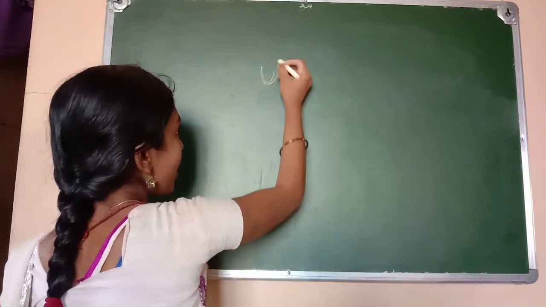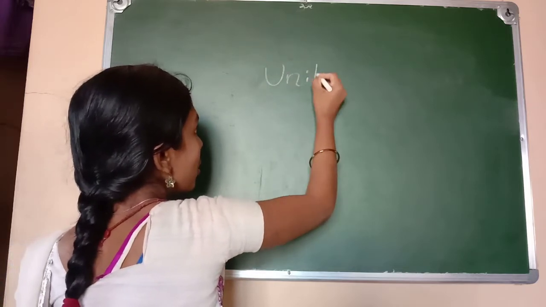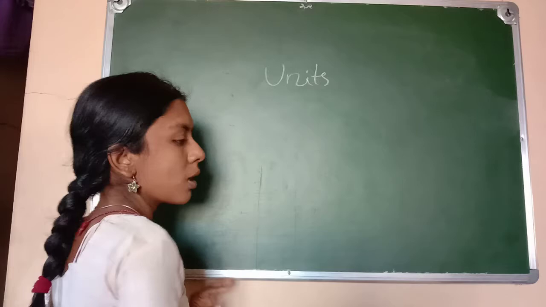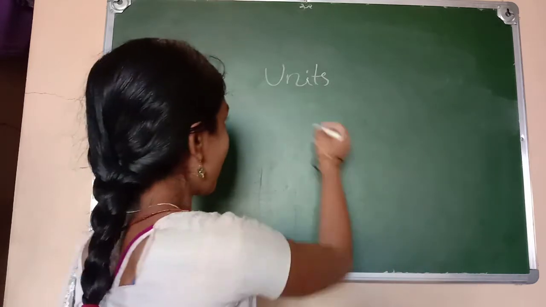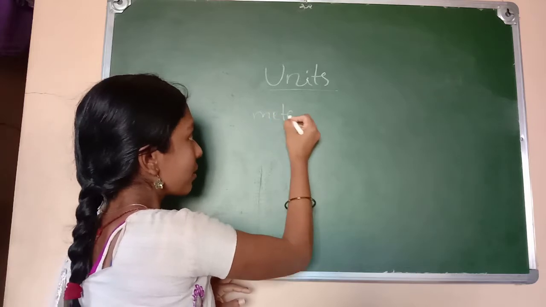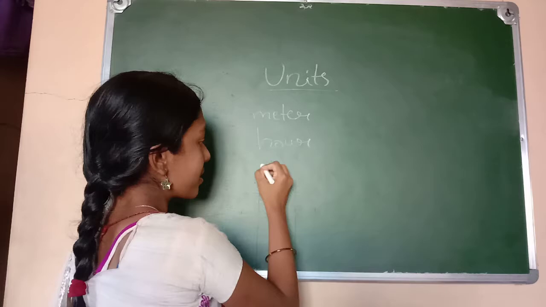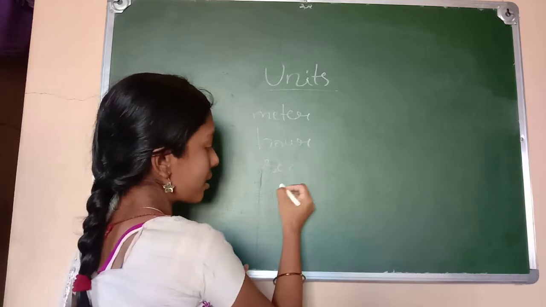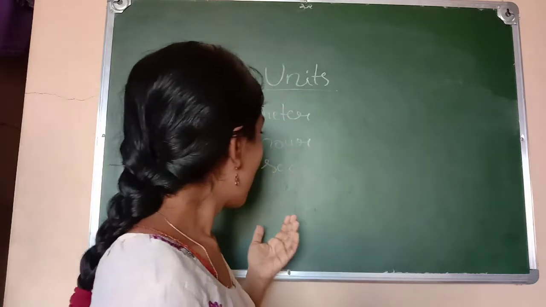So when I say units, what comes to your mind? Maybe think for a second. You might say the units of meter, hour, seconds, and so the list goes on, which usually comes to your mind.